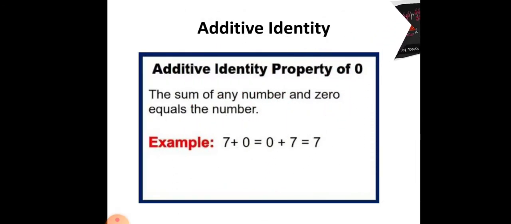Now, additive identity. 0 is the additive identity. 7 plus 0 equals 7, and 0 plus 7 equals 7. The sum of any number and 0 equals the number. So students, this is the additive identity.